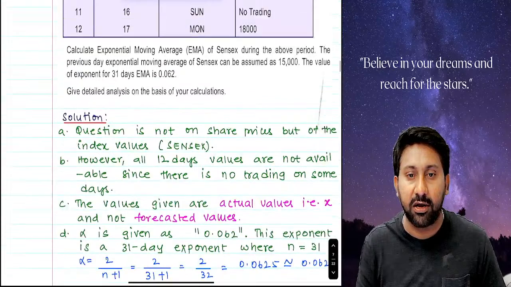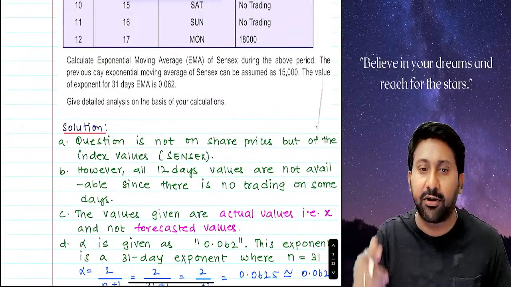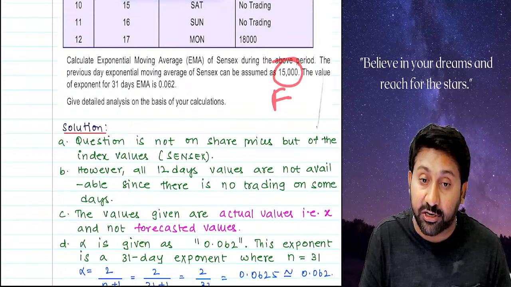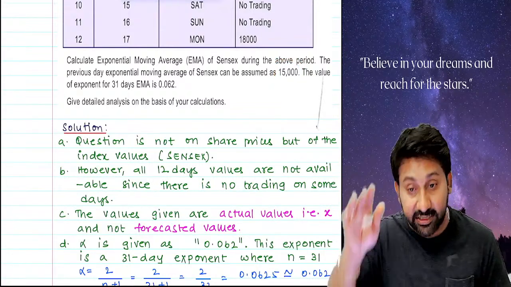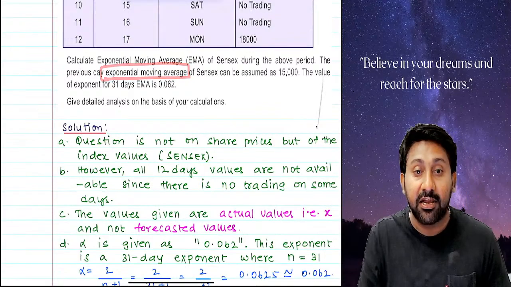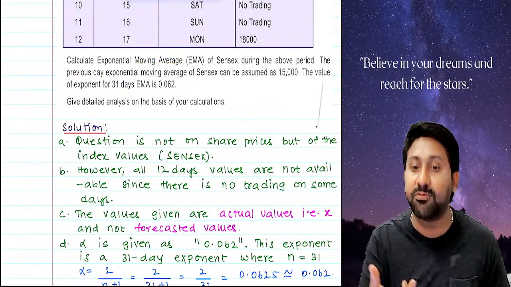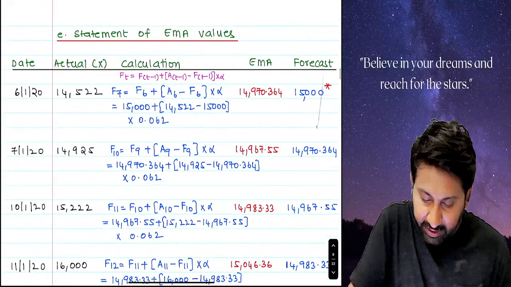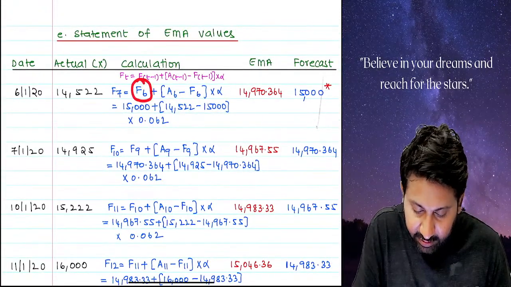Question will come in the exam here, then you will get the doubts. Sir, what is this 15,000? Is this a forecast or actual? How to understand? It is a forecast because the concept of exponential moving average comes out of forecasting.